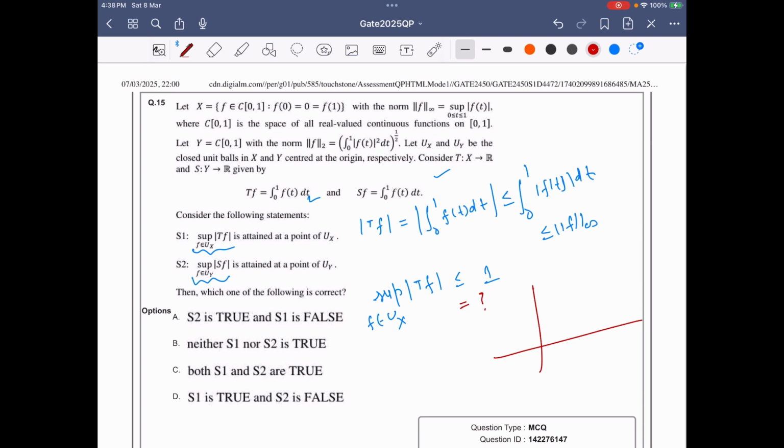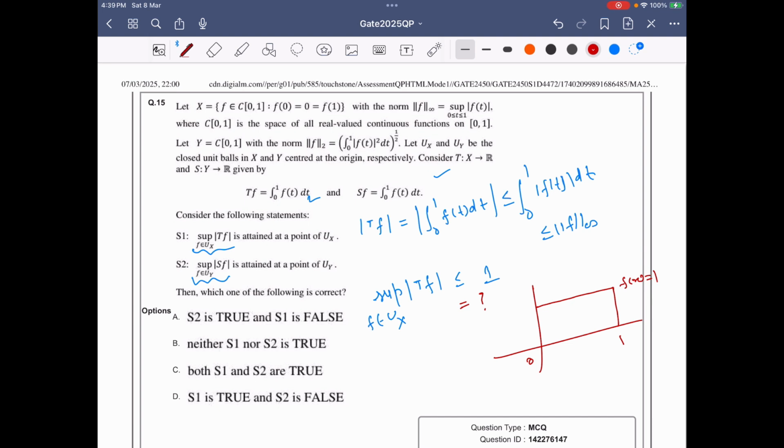So how to construct this? You can first take the function f(x) equal to 1. But if you look at f(x) equal to 1, this area is 1, but this doesn't fall into X, right? Because at f(0) it should be 0 and at f(1) it should be 0.